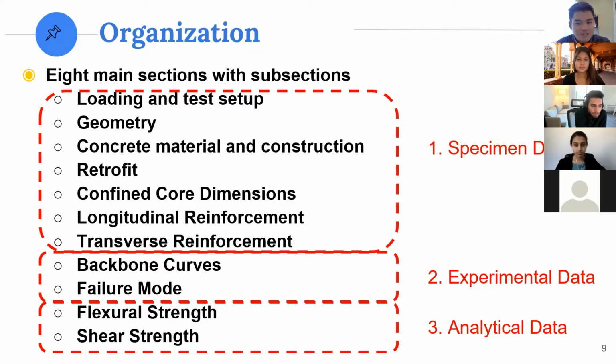So specimen data includes loading and test setup, geometry of the column, whether it is circular or rectangular, and the material properties and construction methods, such as the steel reinforcement properties and concrete properties, and retrofit schemes, how the columns are retrofitted, whether it is through steel or fiber, carbon fiber, sorry, and glass fiber.